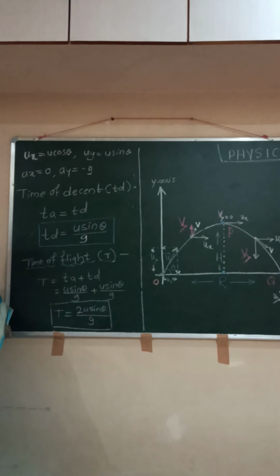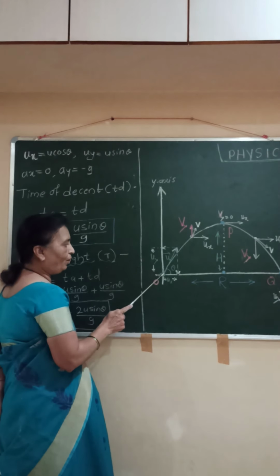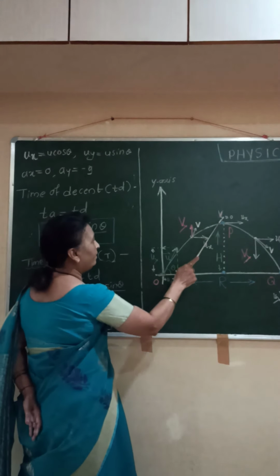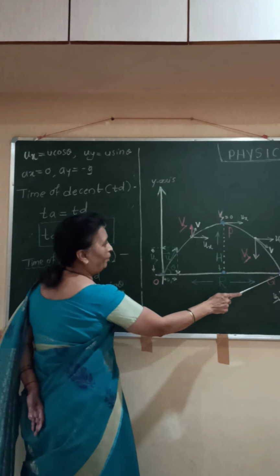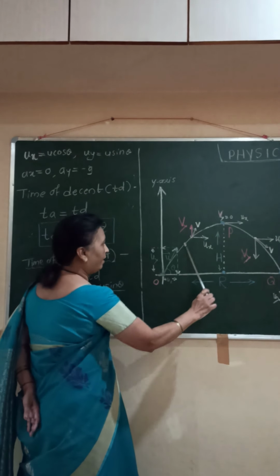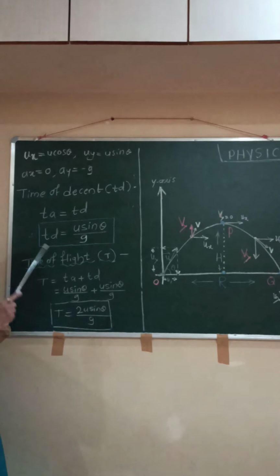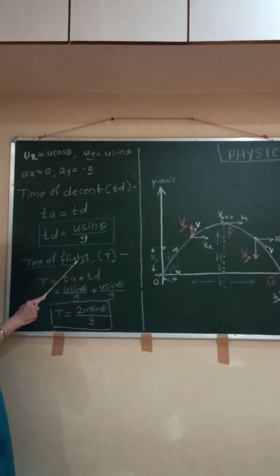When the projectile moves from the point of projection O, and after covering its entire trajectory reaches the ground, the time it has taken is called the time of flight of the projectile.